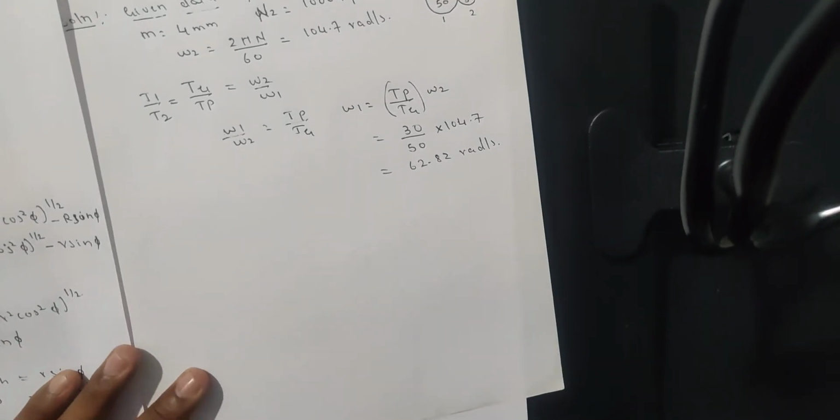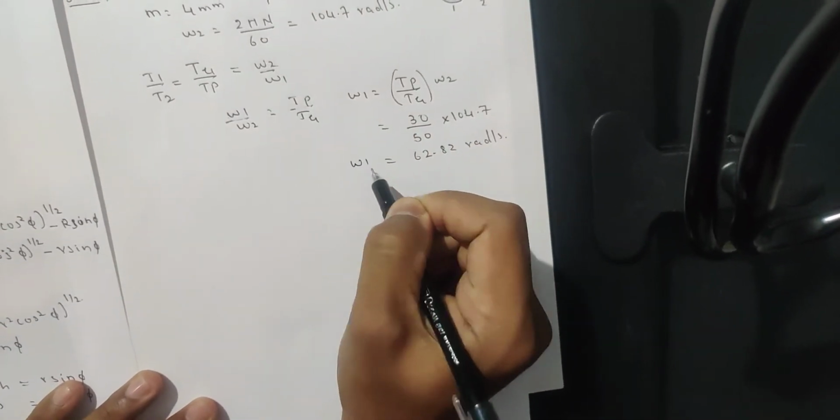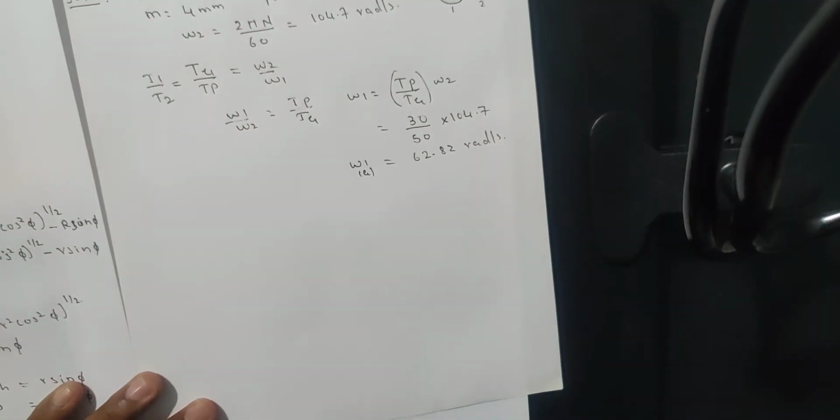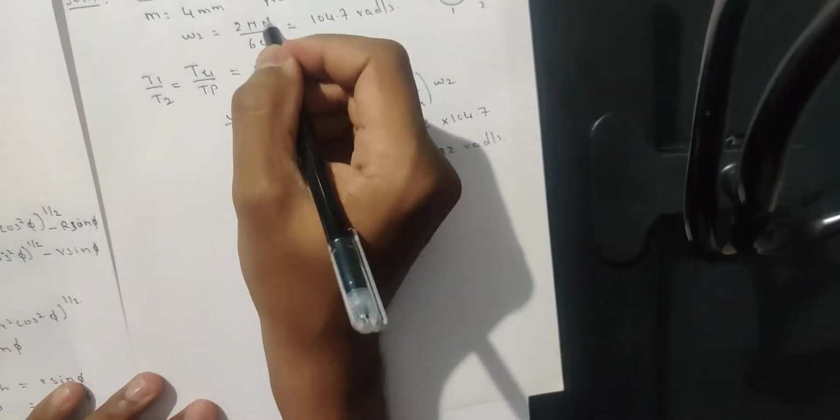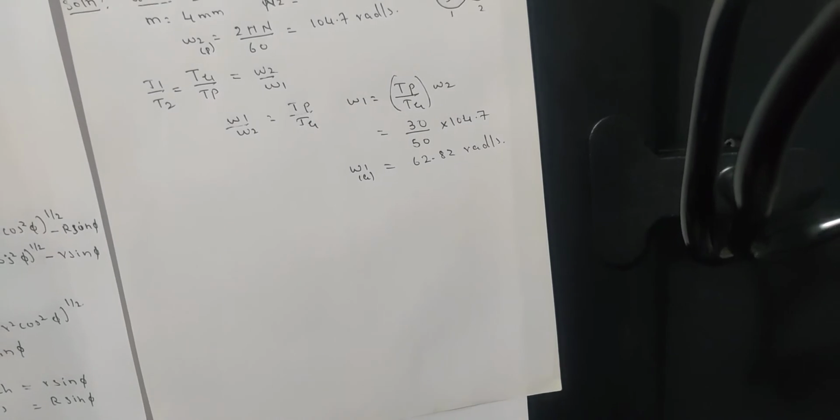So this is omega 1, which is nothing but the gear. And this is omega 2, it is nothing but the pinion. Should not get confused.